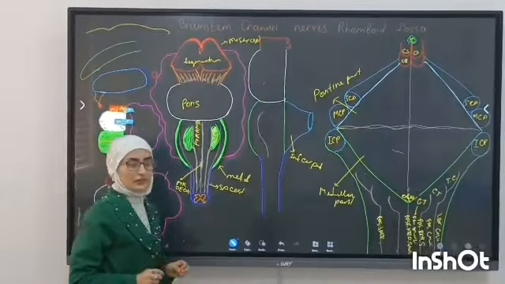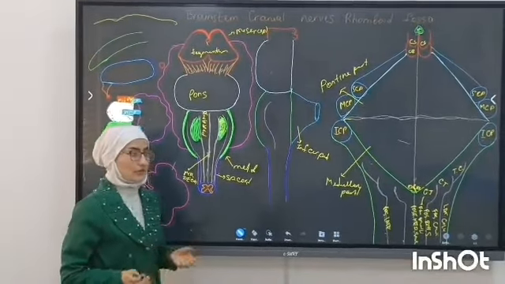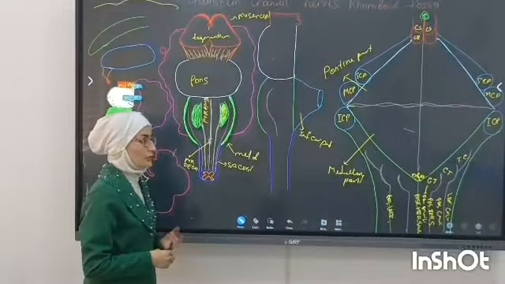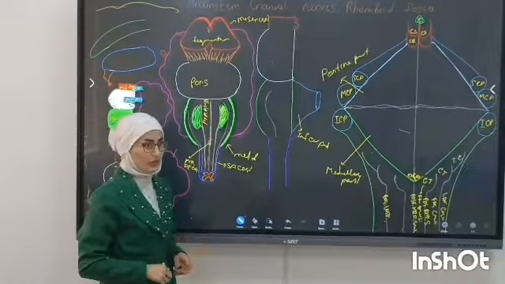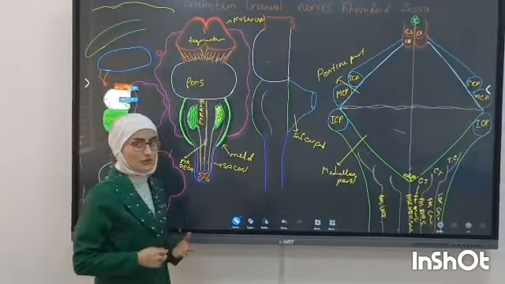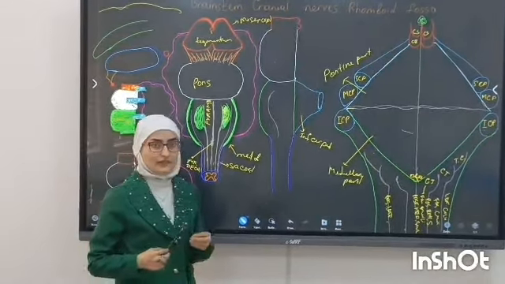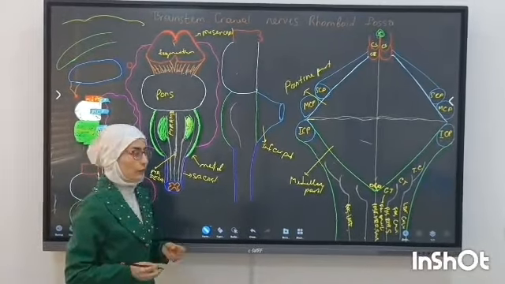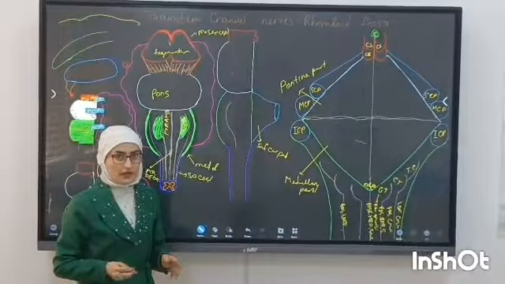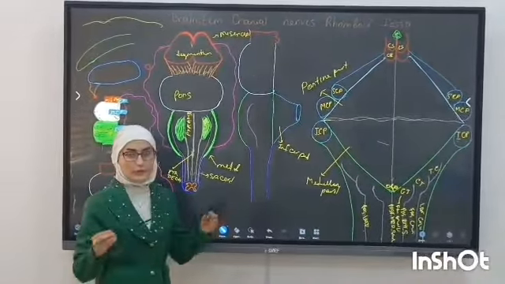Then we will see the apparent origin, where the nerve comes out on the surface of the brainstem, and the real origin or localization of the cranial nerves inside the brainstem. The nucleus location is not equal to the apparent origin. Fibers travel before emerging.